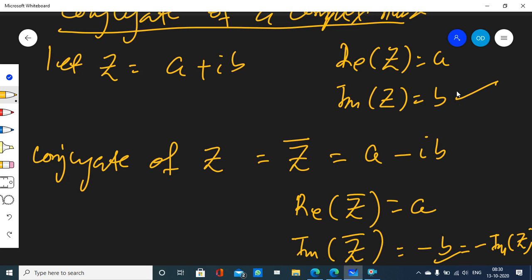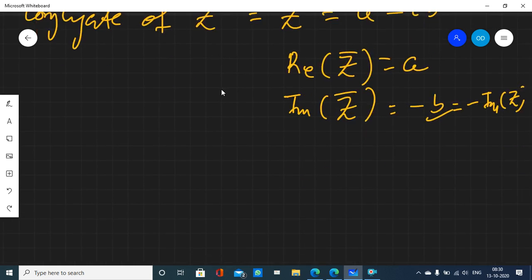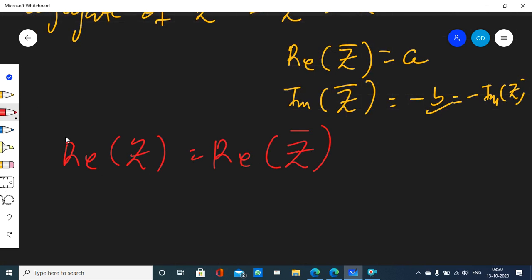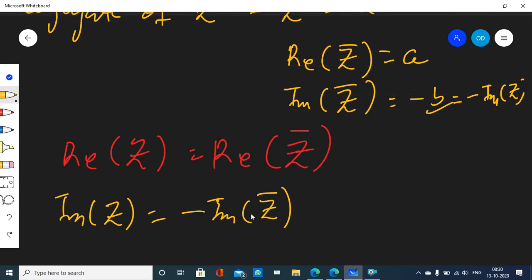So remember, the real part of z and the real part of its conjugate are the same, but the imaginary part of z is equal to minus the imaginary part of z conjugate, and vice versa.